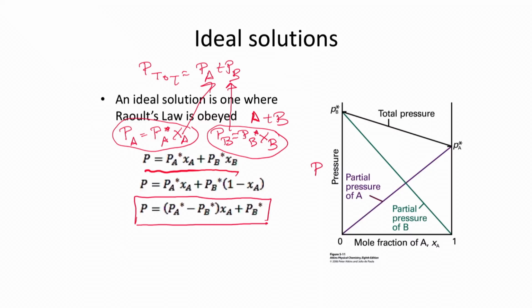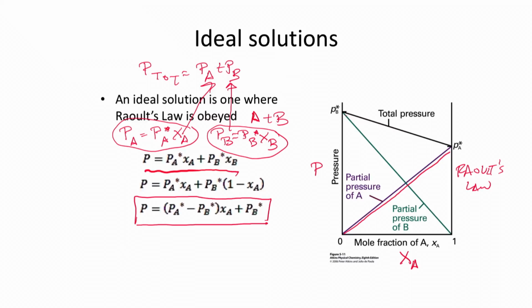My y-axis is pressure, and my x-axis is mole fraction. So in this graph, the purple line here represents what A is doing, and you can see that this is Raoult's law for A. That is, as the mole fraction increases, vapor pressure also increases.